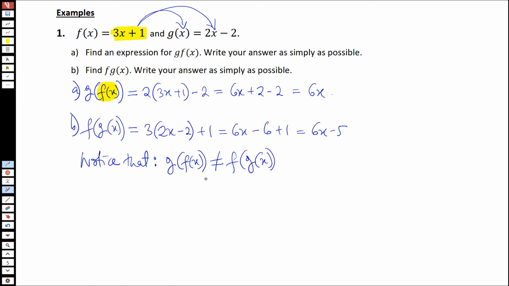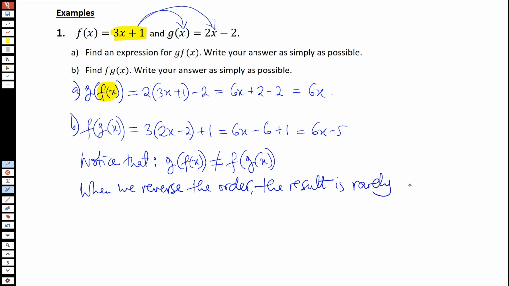So if you reverse the order, the result is rarely the same. Sometimes the result may be the same, but it's not always the same. So we can say that when we reverse the order, the result is rarely the same.